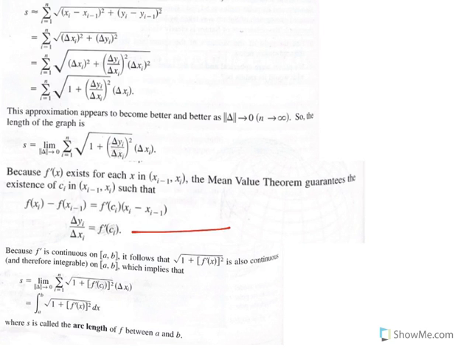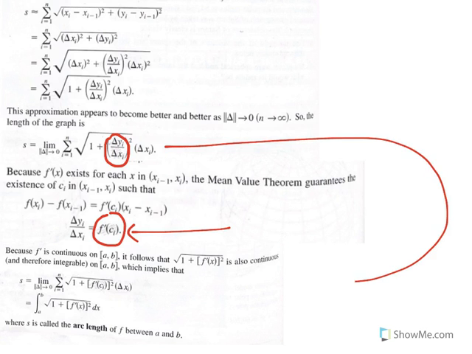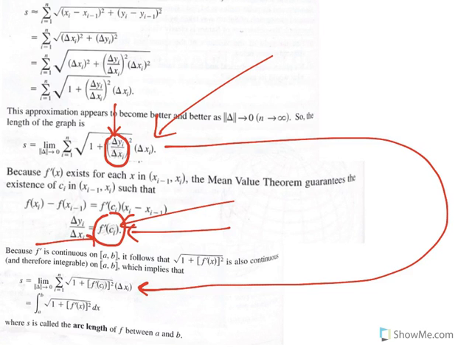So what did all of this allow us to do? It allows us to substitute this particular quantity here that I circled in red with f prime of c sub i. So this Riemann sum now can be written like this. You have the arc length is equal to the limit of this Riemann sum, but now we're able to substitute for this quantity with f prime of c sub i.